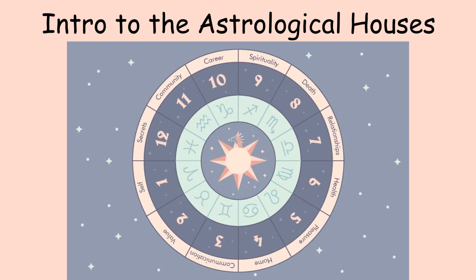So there are 12 astrological houses on the zodiac wheel, and each of these houses focuses on a specific area of life. As we get further into this series, I'll be discussing planets.